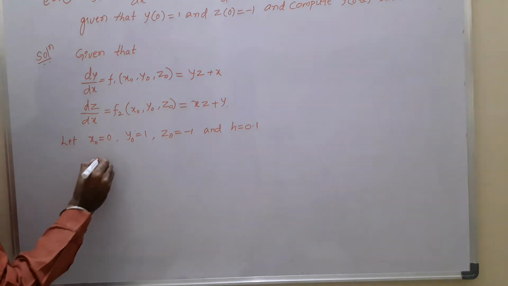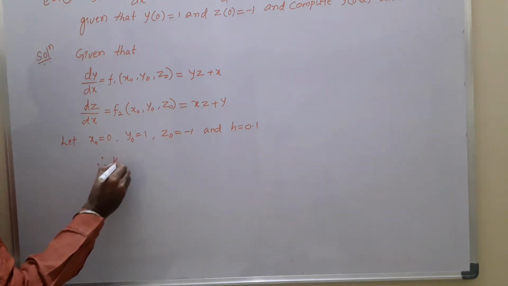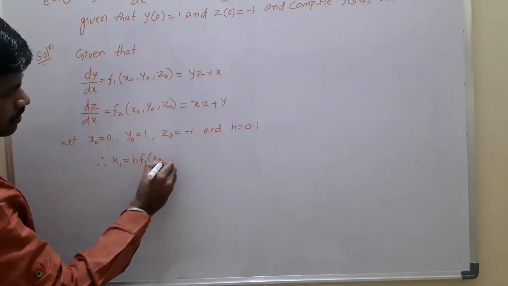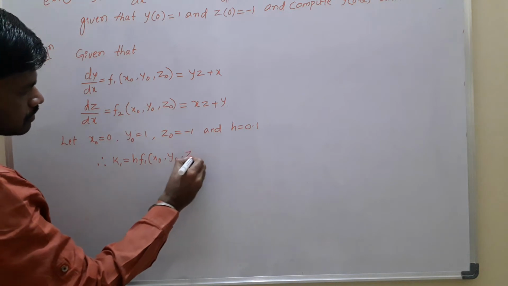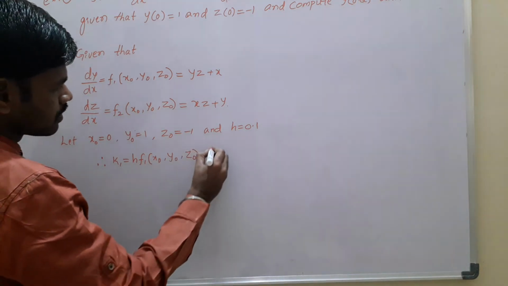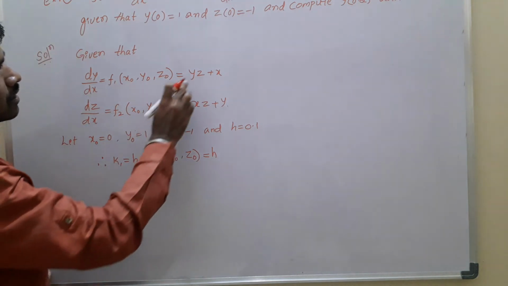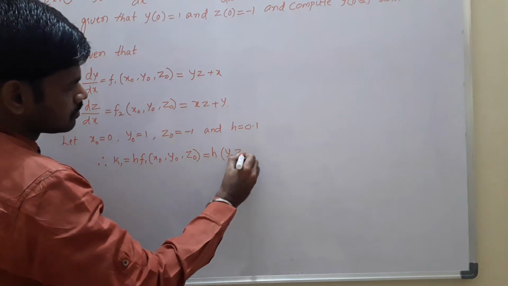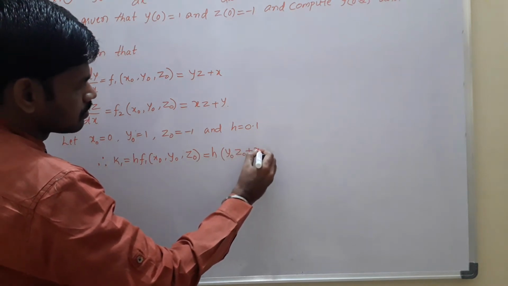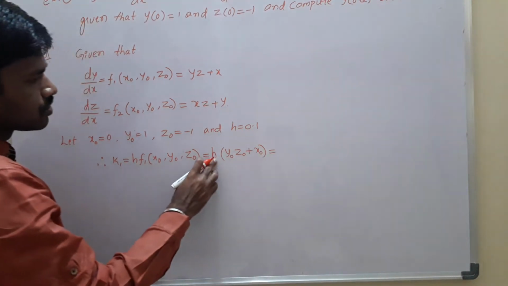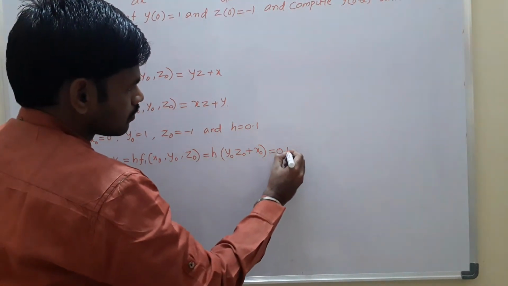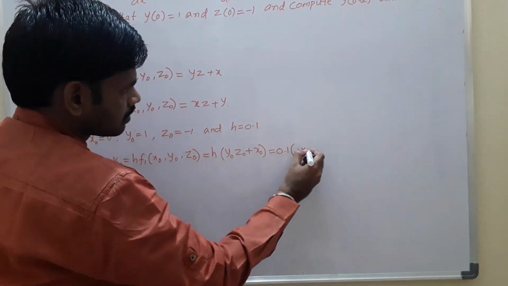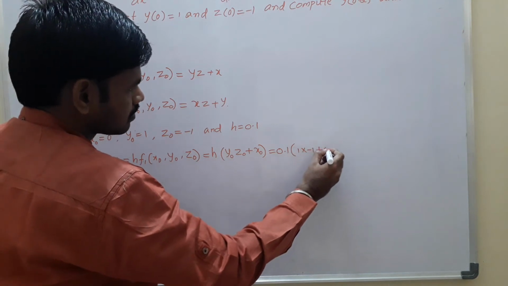Therefore, formula k1 is equal to h into f1(x0, y0, z0), that is h into y0 z0 plus x0. So that is h is 0.1, y0 is 1, z0 is minus 1, plus x0 is 0.